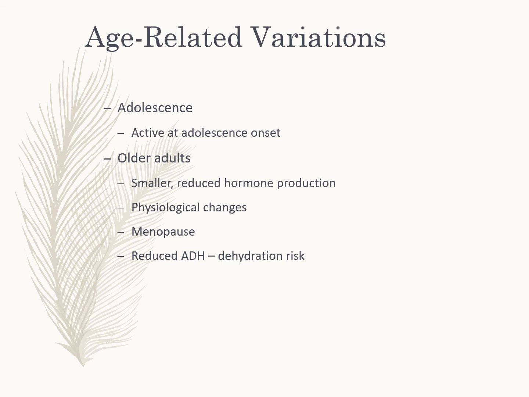Menopause in women occurs as a normal response to aging and is associated with a reduction of estrogen produced by the ovaries. Reduced metabolism results in cold intolerance and reduced appetite. A reduction in the production of antidiuretic hormone also occurs, leading to a more dilute urine and thus leaving the older adult more at risk for dehydration.